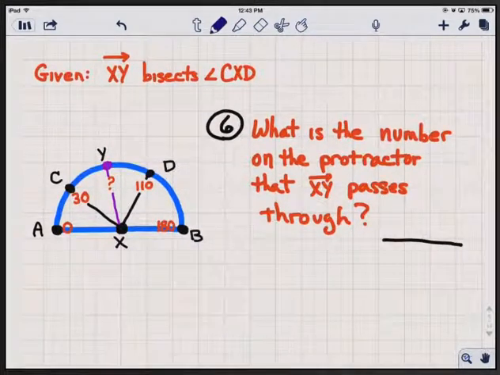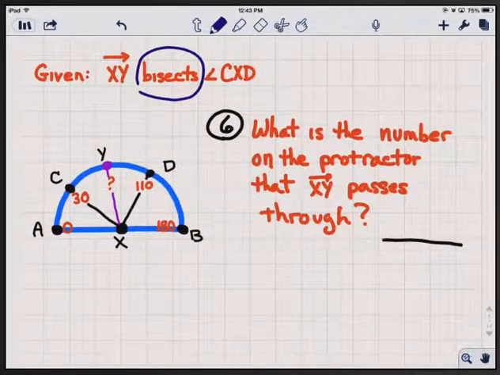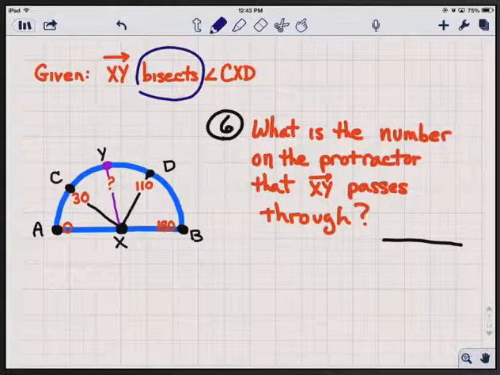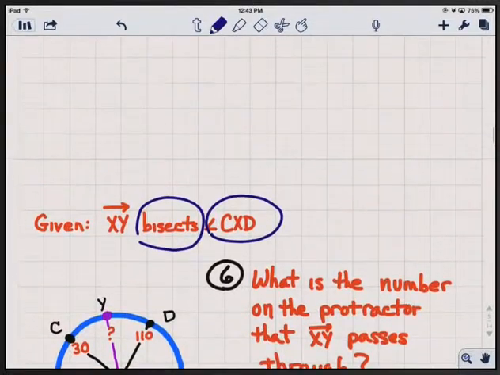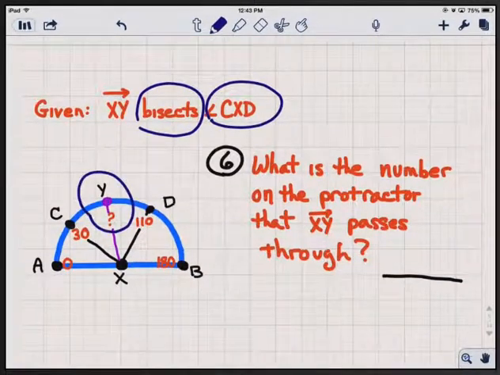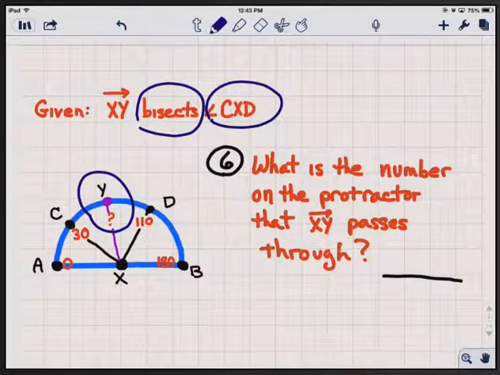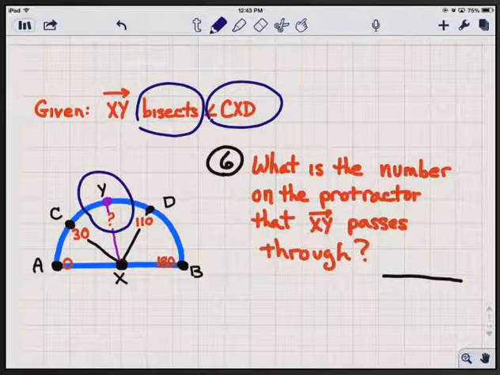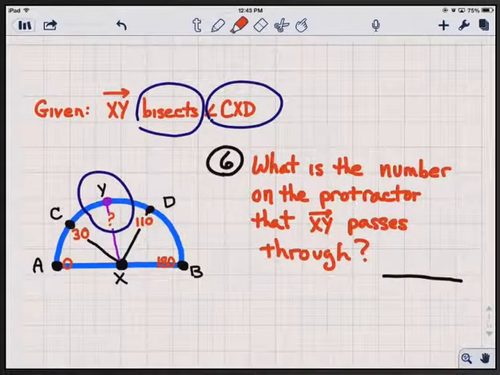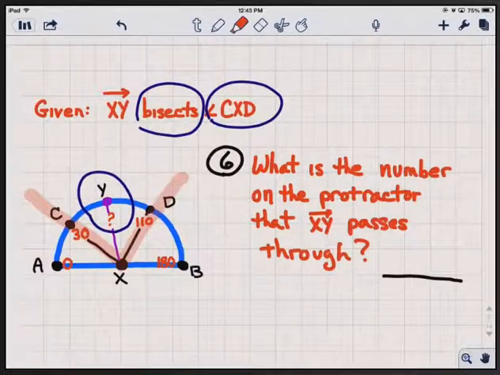We have the word bisects. Bisects means it's dividing angle CXD into two equal parts. So just like a midpoint on a number line, the number on the protractor that is paired with the ray that is the bisector is exactly in the middle between 110 and 30, two places on the protractor that angle CXD is passing.